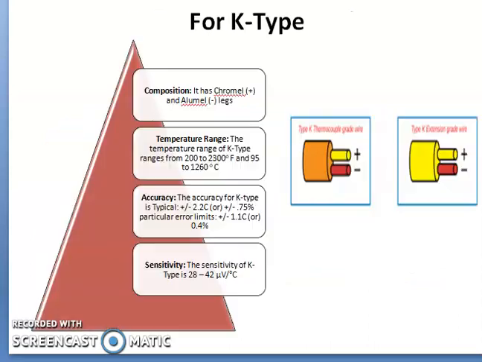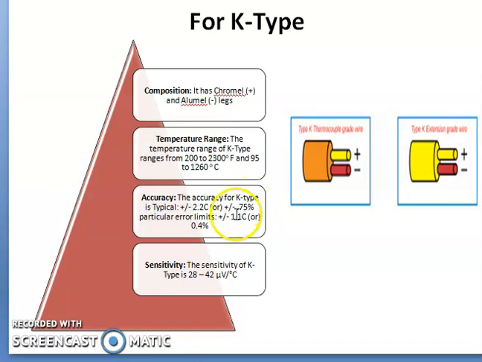And coming to the features of the K-type thermocouple, the composition is two types of metals. The first one is chromel and alumel, and it ranges from minus 200 to 2300 degrees Fahrenheit and minus 95 to 1200 degrees Celsius.